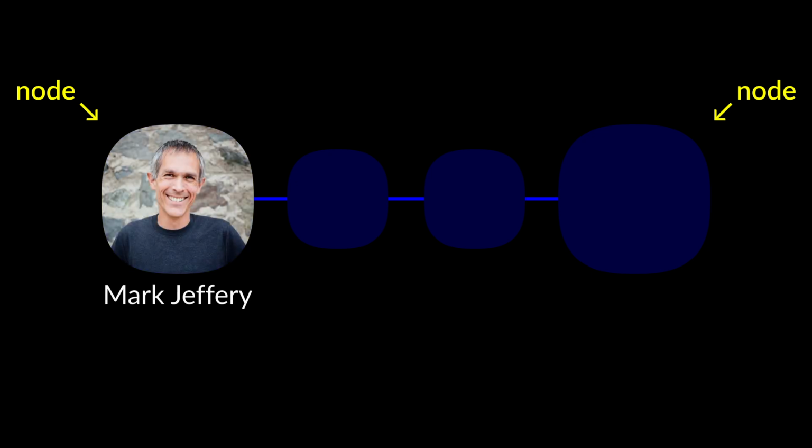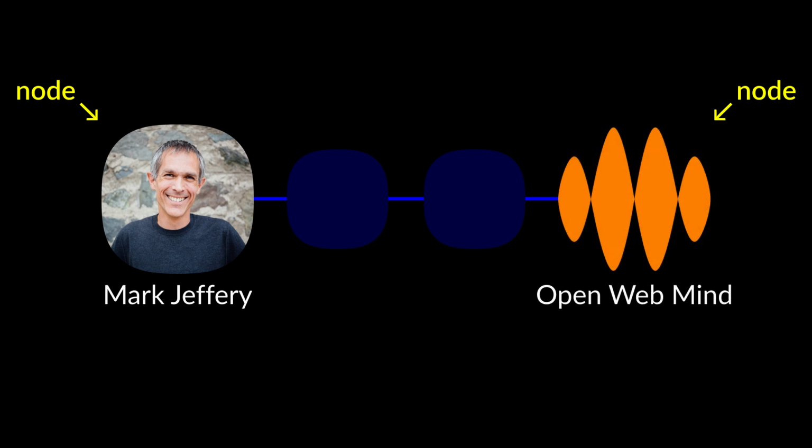Not all relationships are symmetrical. For example, I founded OpenWebMind, but OpenWebMind didn't found me. Such asymmetrical relationships can be represented by a third kind of hyperedge, involving 4 nodes. As ever, there are 2 nodes connected by the hyperedge, in this case the node representing me and the node representing OpenWebMind.